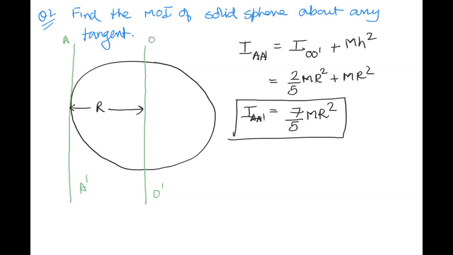So if I have a set of infinite parallel axes, one passes through the center of mass of the object, then it is guaranteed that the moment of inertia of the object about that particular axis passing through the center of mass will be minimum, will be least.